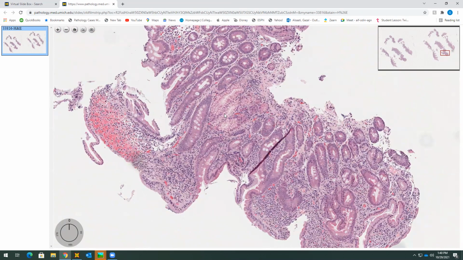Under that, I will say no CMV, no H. pylori, no granulomas, no dysplasia, and no features of celiac disease. And then in my comments I say the histologic differential diagnosis includes an infectious etiology versus an upper involvement of inflammatory bowel disease, open parentheses, Crohn's disease.